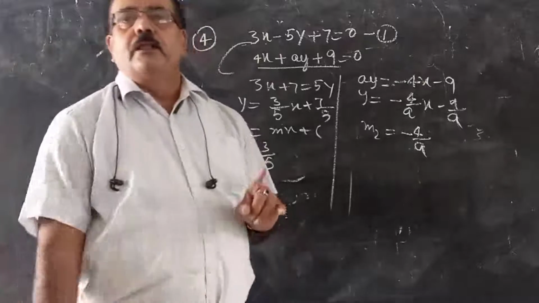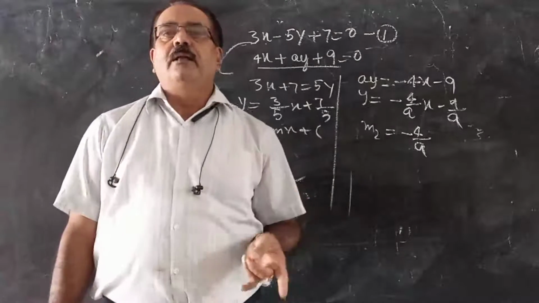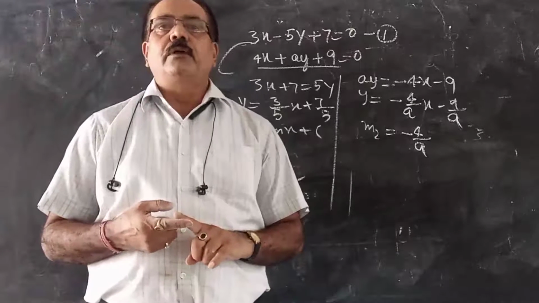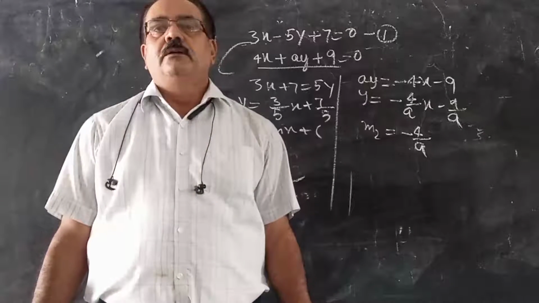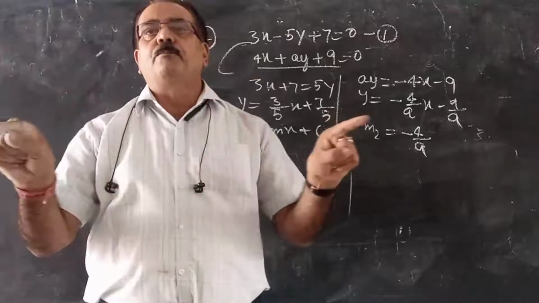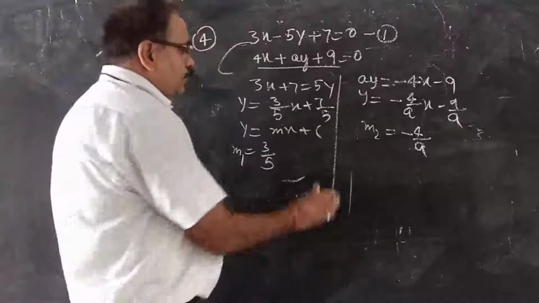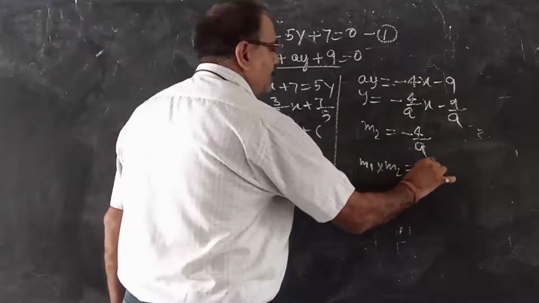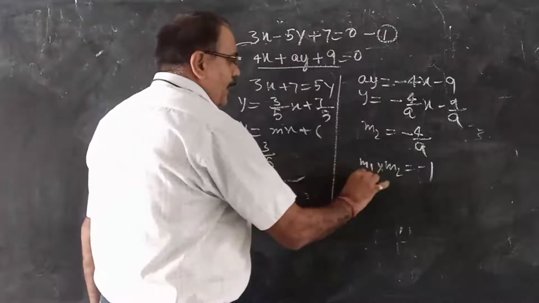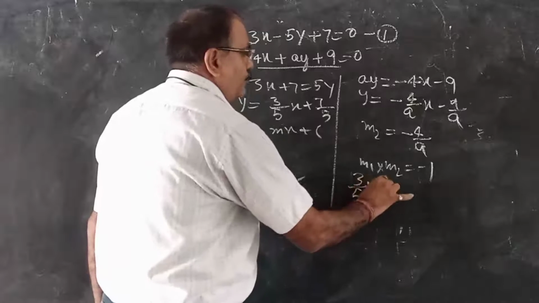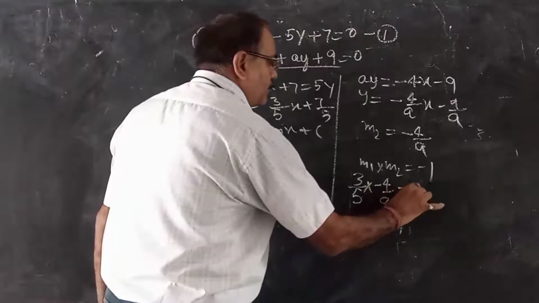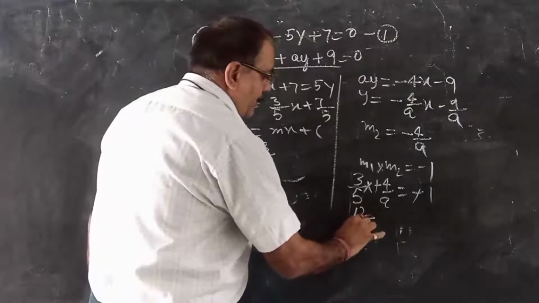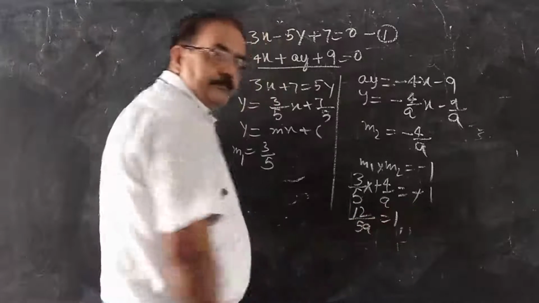We know that if two lines are parallel, their slopes are equal. And if two lines are perpendicular to each other, the product of their slopes will be equal to -1. So use this condition, m1 × m2 = -1. m1 is 3/5, m2 is -4/a, equal to -1.